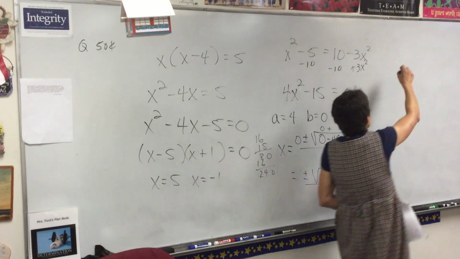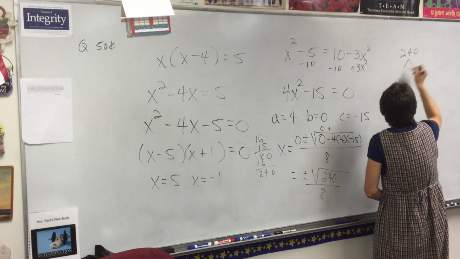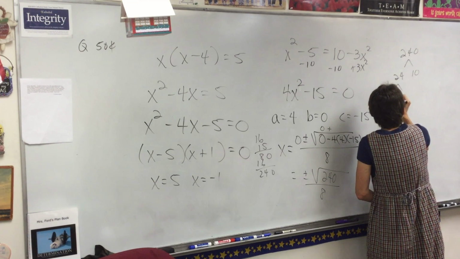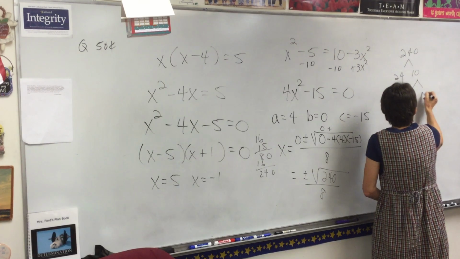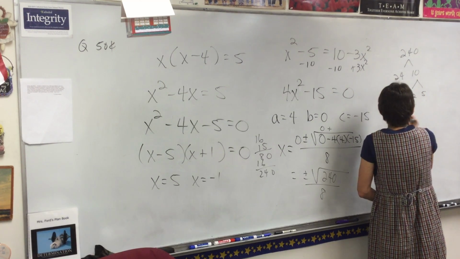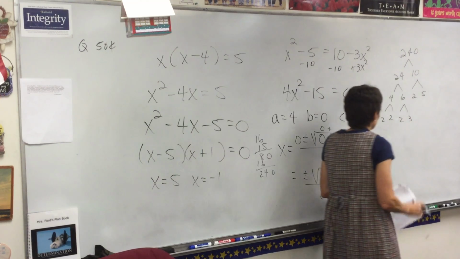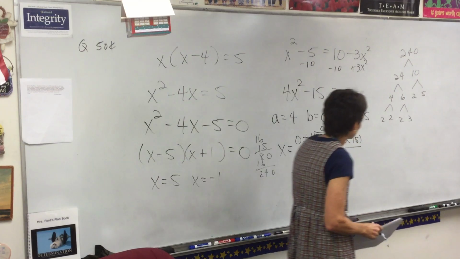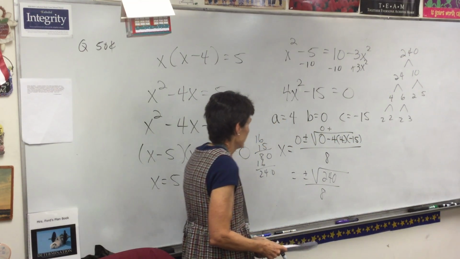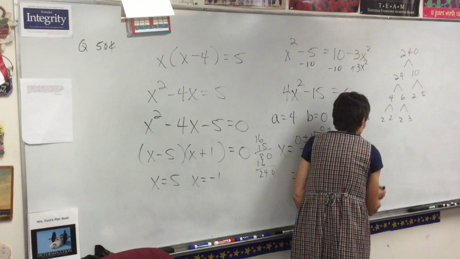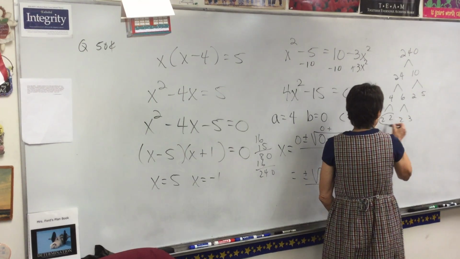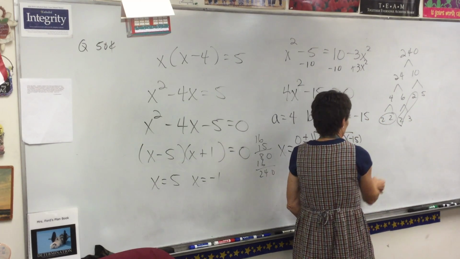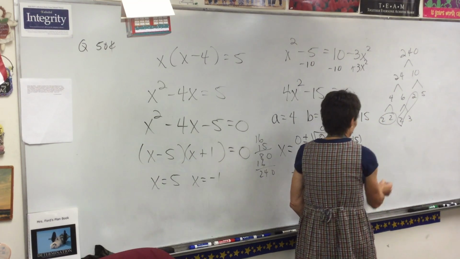I'm pretty sure it does. So it breaks down into 2, 2, 2, 3, 2, 5. So I can bring out a 2 and another 2. So that's a 4 root 15.